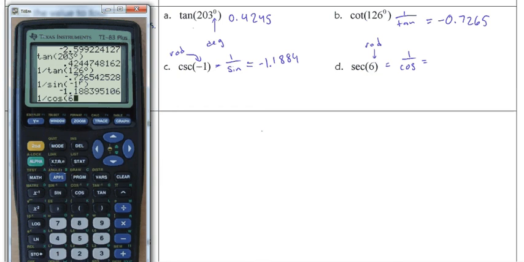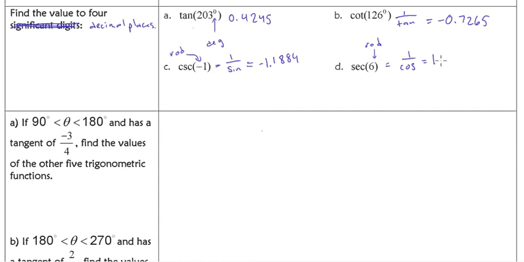And even though the calculator is already in radians, I just want to get in the habit of plugging in the units. And so 6 radians. And there we are, 1.0415. All right, hope that helped.